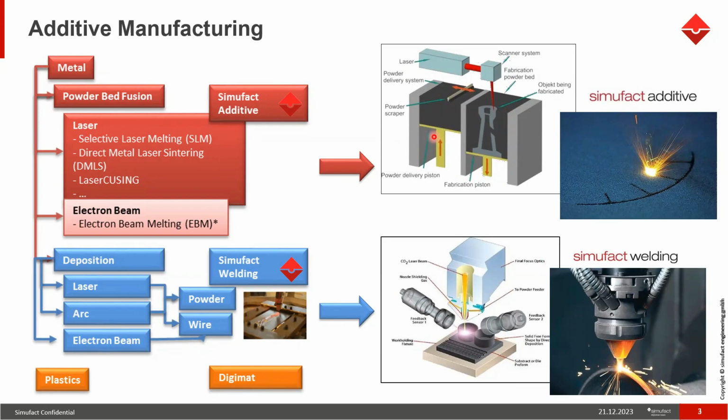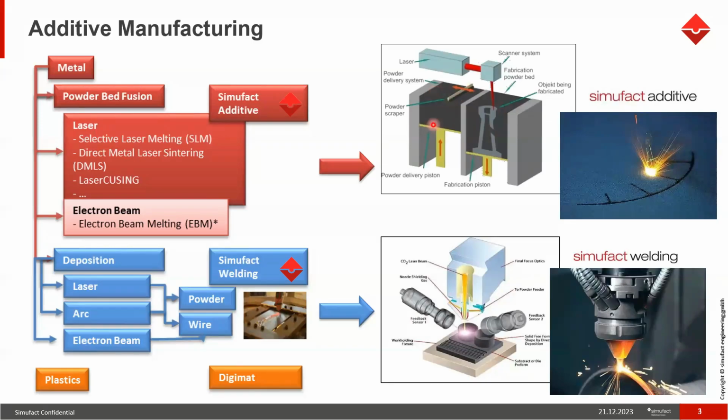Basically, there will be a metal powder. It can be titanium, aluminum-based alloys, or Inconel. These manufacturing processes are prevalent in the aerospace industry. Mainly, they have a powder delivery system with a recoater like this.